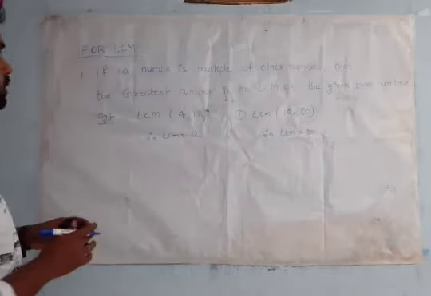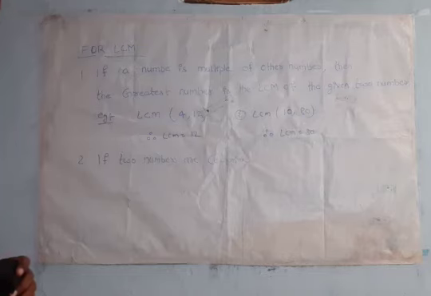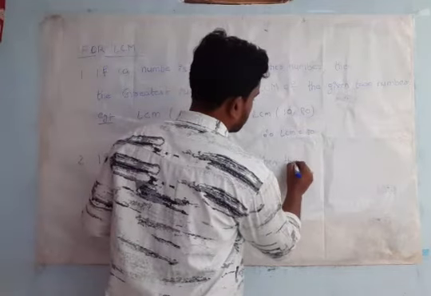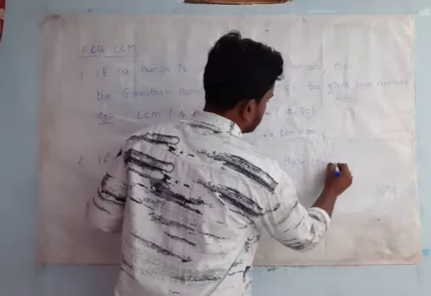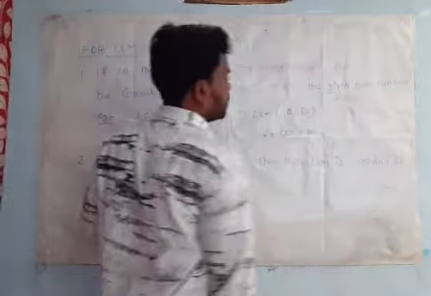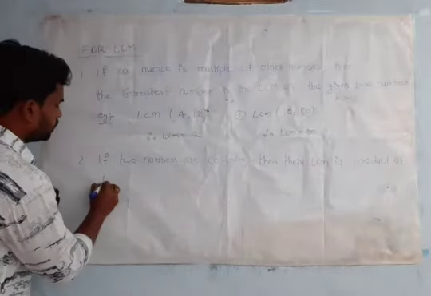Next point. If two numbers are co-prime, then their LCM is the product of the given two numbers.